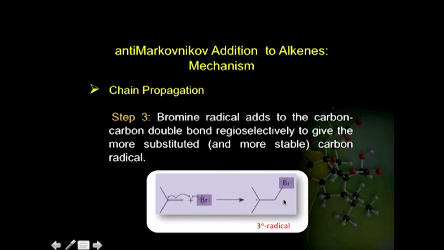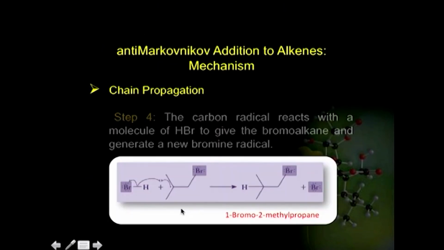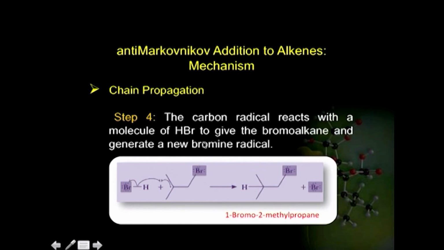So, here we have to see now which radical is more stable, because again we have a possibility of formation of a primary and a tertiary radical. In chain propagation, in the fourth step, the carbon radical reacts with a molecule of HBr to give the bromoalkane and generates a new bromine radical.